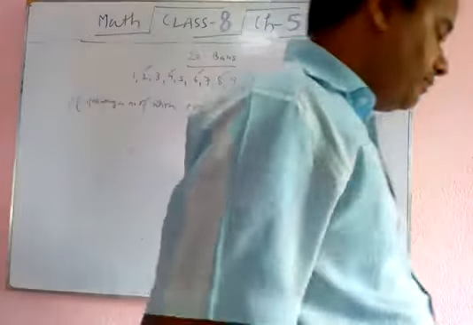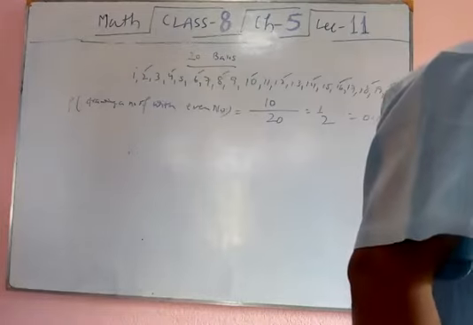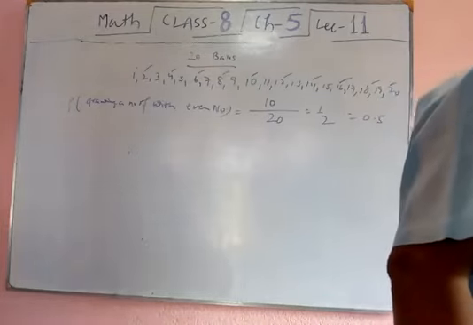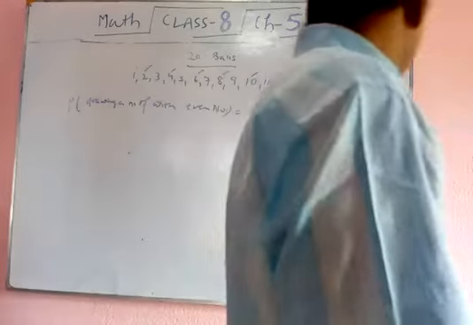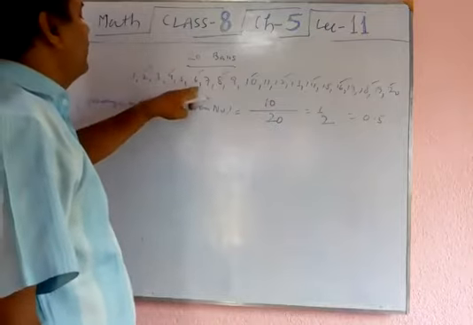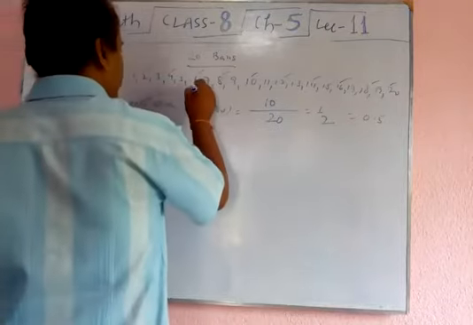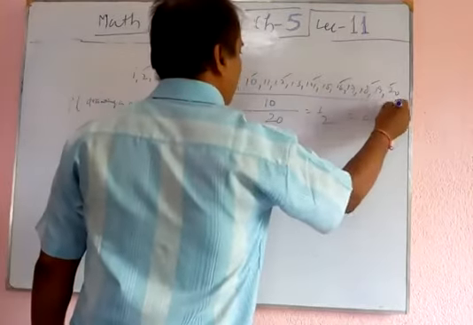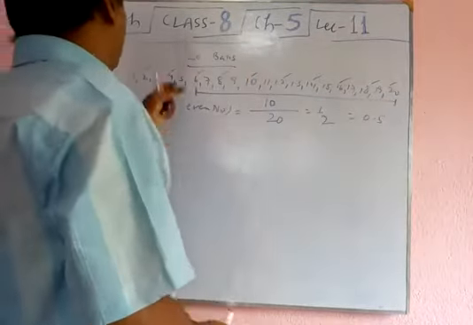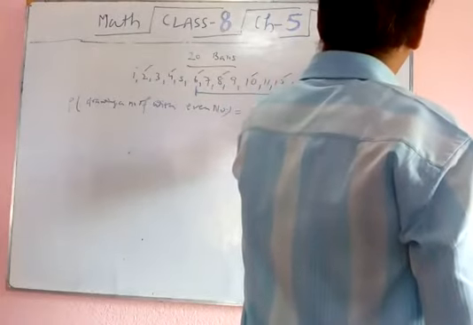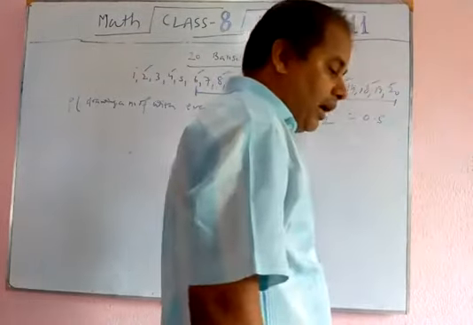Next question is numbers greater than or equal to 6. That means we have to take the numbers from 6 to 20. How many numbers are there? 1, 2, 3, 4, 5, 6, 7, 8, 9, 10, 11, 12, 13, 14, 15. So numbers are 15.